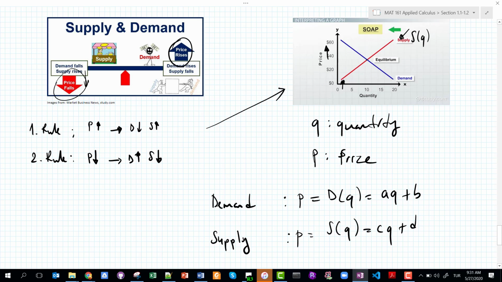If you notice, we have an intersection point here. This is called the equilibrium point. Everything is going to be in balance. Supply and demand will be in balance, so there's not going to be any problem for economists. But this is just in theory.